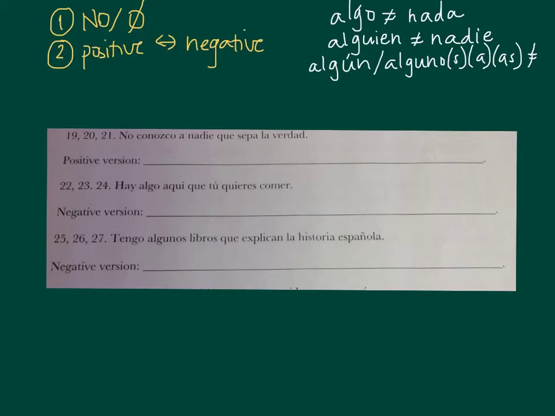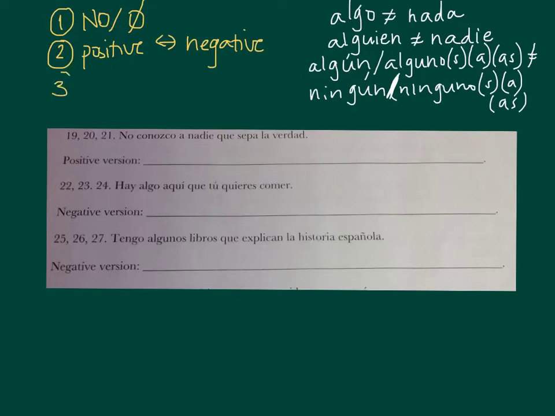And then the negative version, you would have ningún. You can have ninguno, ningunos, ninguna, ningunas. We're not going to make this too complicated on ourselves. Actually, let's finish this up.